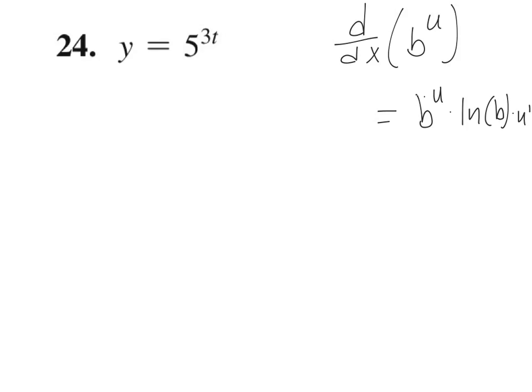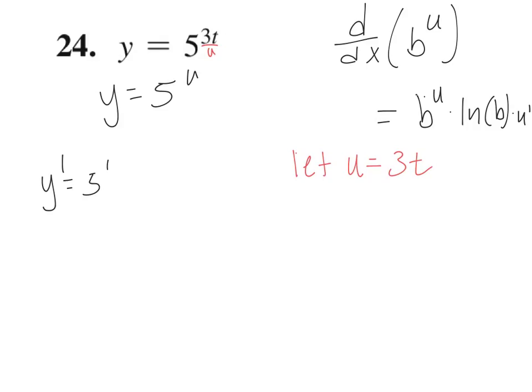So here I want to identify my u, my inside function, and that's going to be 3t. So if I let u equal 3 times t, then I'm going to rewrite my function as y equals 5 to the u power. If I found that derivative, y prime, that's going to give me 5 to the u times the natural log of 5, all times u prime.